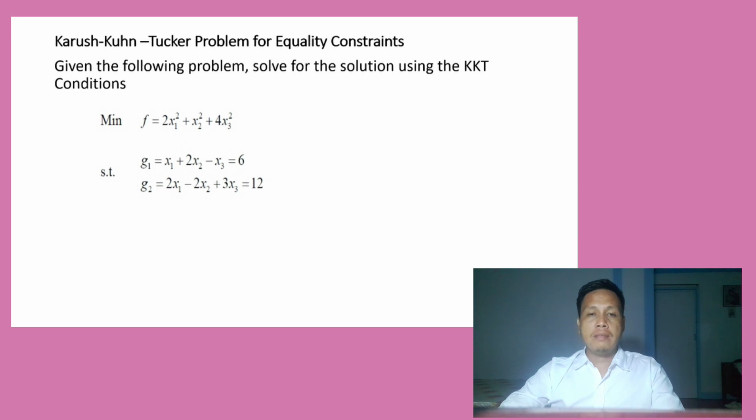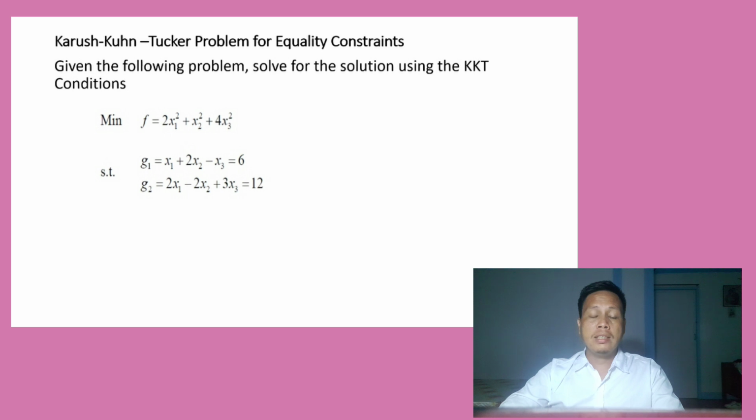Now a Karush-Kuhn-Tucker problem for equality constraints. Given the following problem, solve for the solution using the KKT conditions. We have to solve this problem in order to understand it. Minimize f(x) equal to 2x_1 squared plus x_2 squared plus 4x_3 squared.